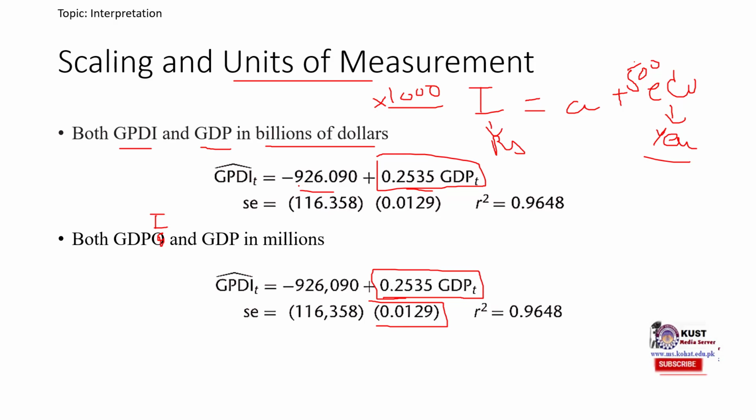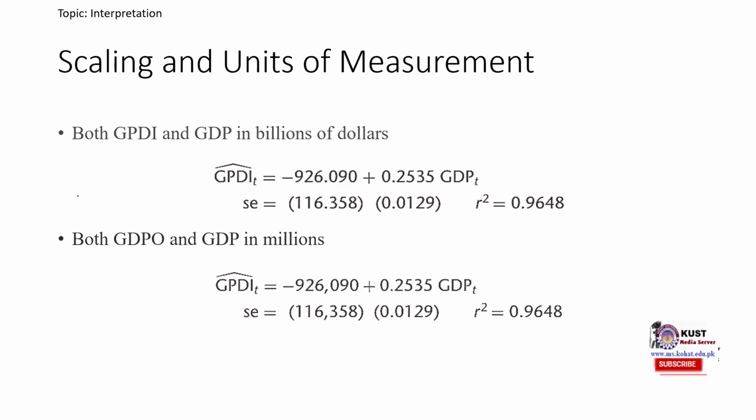So now instead of 926 billion, we have 926,090 millions.